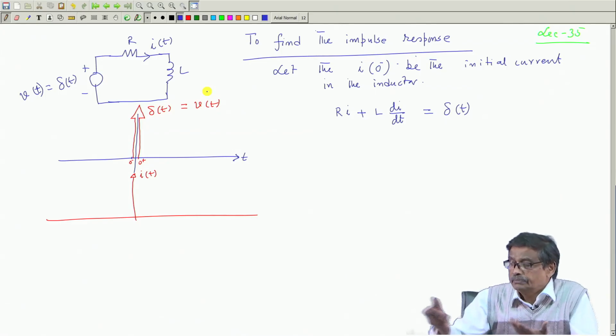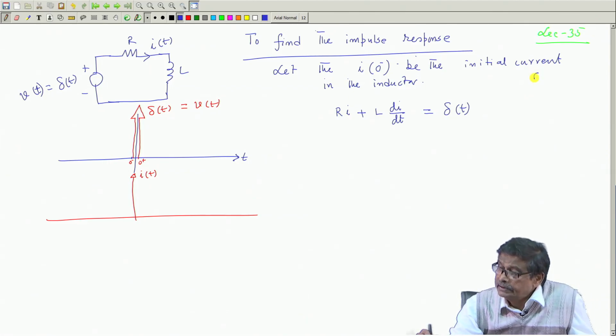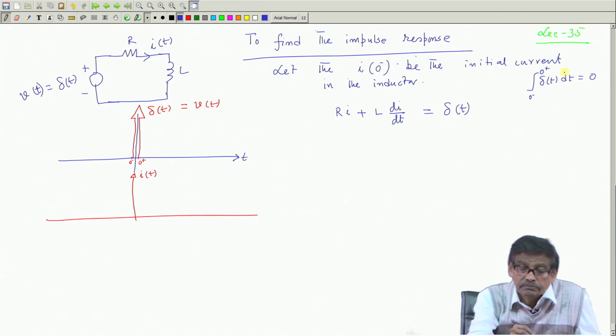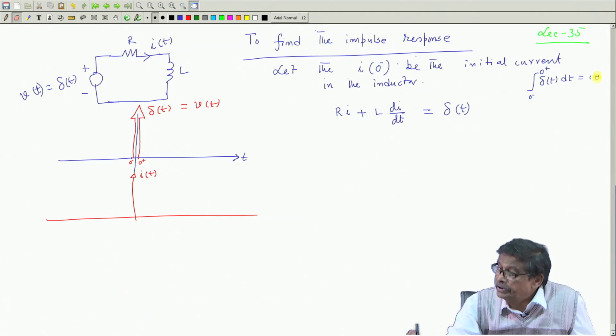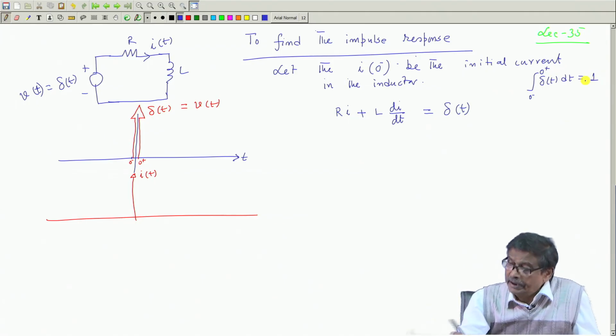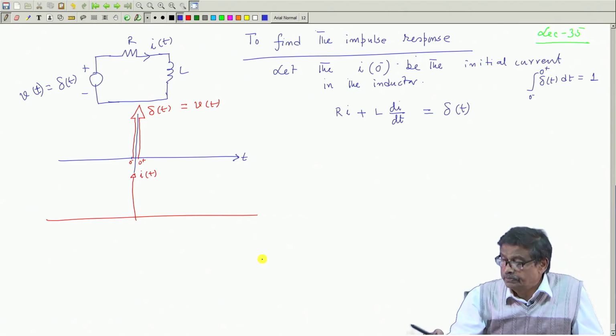What to do if the right hand side of an equation is infinitely large? But I know this much, that the integral from 0 minus to 0 plus of delta(t) dt is equal to 1, that is what a unit impulse function is. This is finite. So, better I will transform this equation in this form.